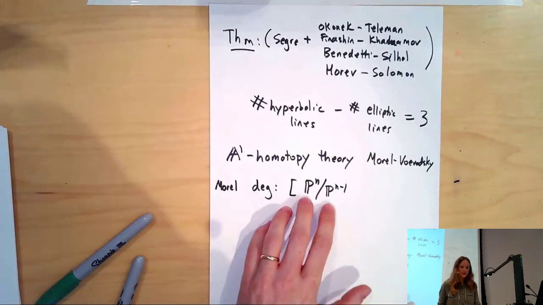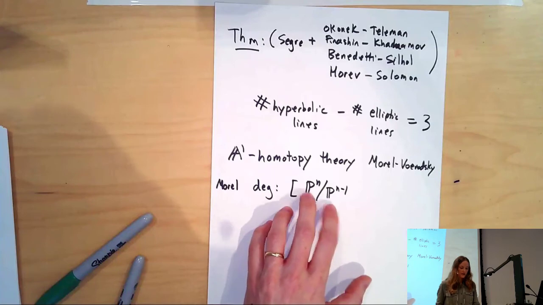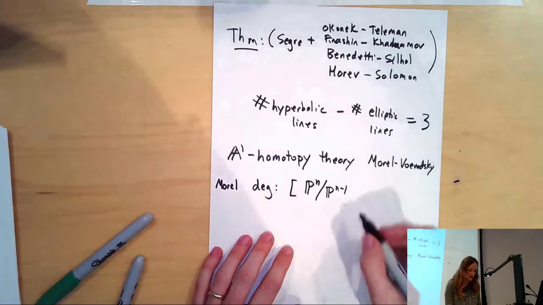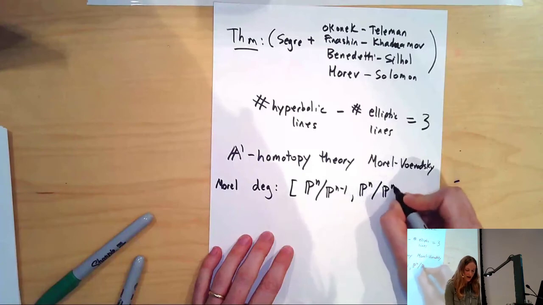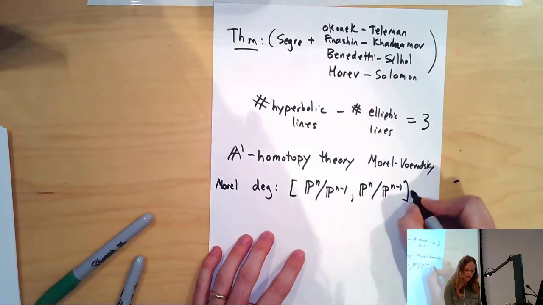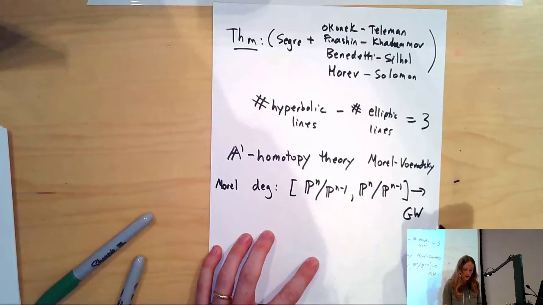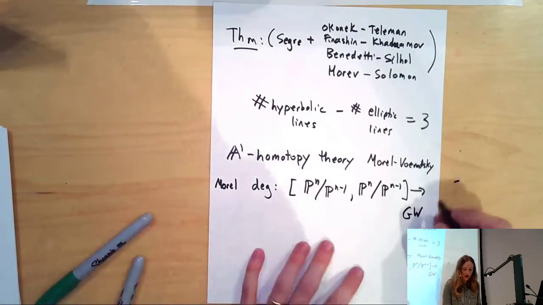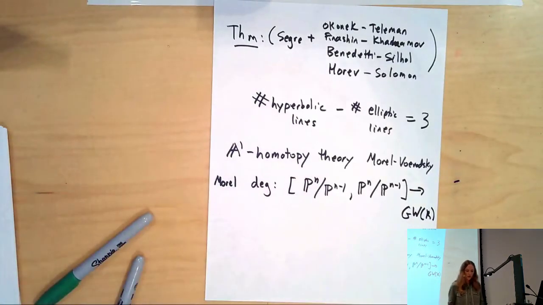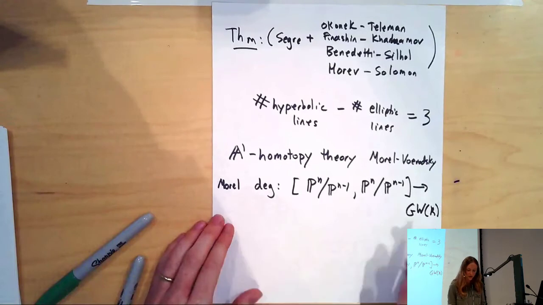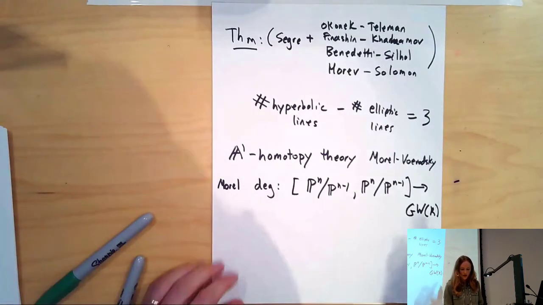So this is a sphere if you took this over R or over C, and it's a sphere in 𝔸1 homotopy theory. And there is a degree map from 𝔸1 homotopy classes of maps from this sphere to itself to not the integers this time, but a group of bilinear forms or quadratic forms when k is not 2. So this is Morel's degree homomorphism. It's an isomorphism when n is at least 2.